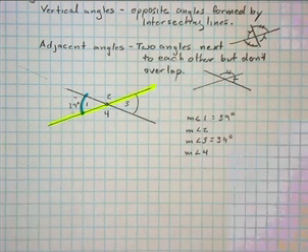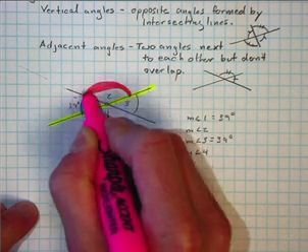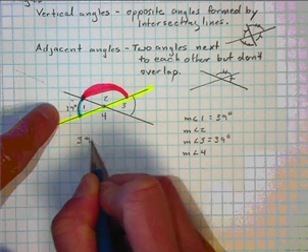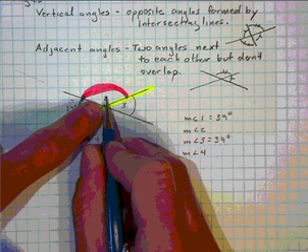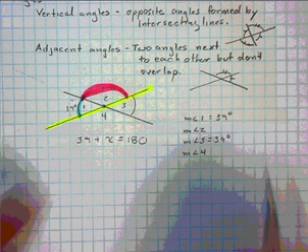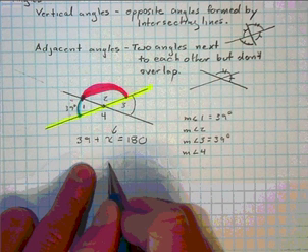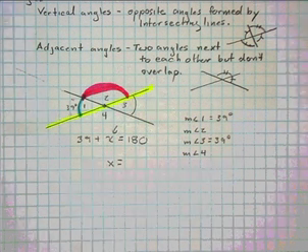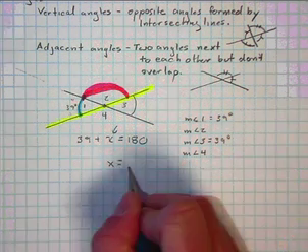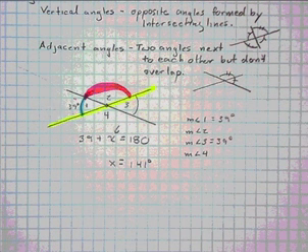I know that that is 39 degrees, so I need to figure out what the rest of that's going to be. So you can subtract 180 minus 39. If I take my 39 degrees and add it to whatever that is, altogether it's going to be 180 degrees. So to figure out that missing angle, I could just subtract 39. So x is going to equal 180 minus 39. Now your numbers are going to look a little bit different, but your process should be the same.